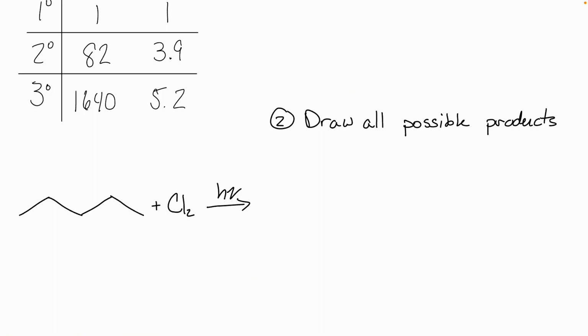All right, how many different products do we get? 2. So there are 2, we got more than that though.